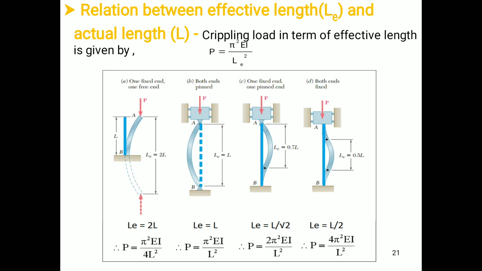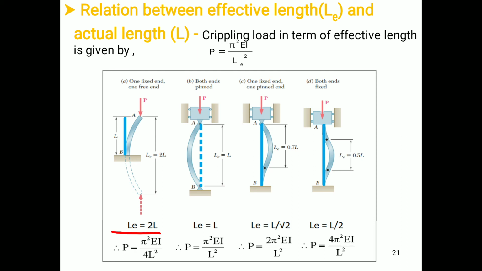Once you extend the deflection curve downward, it will look like a bow, and it is similar to the second ideal condition. Therefore the length of that bow will become twice L. Therefore the effective length will be twice L.